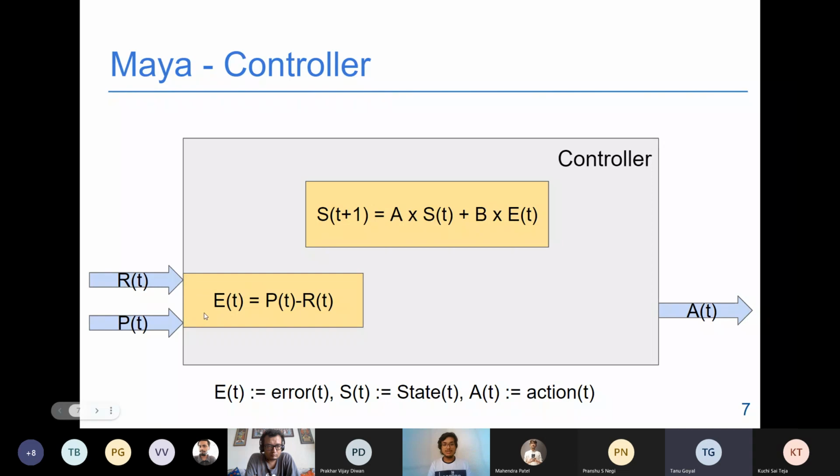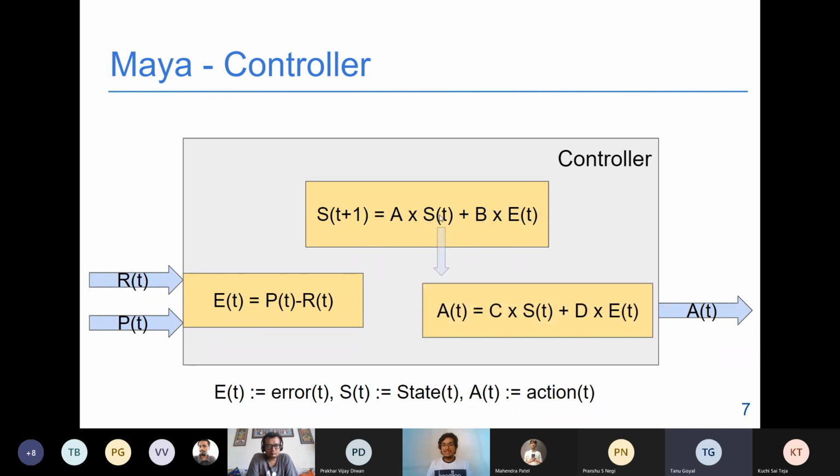Using the two inputs, you compute the error at time step T. Then you update the internal state given by this equation, and using the state at time step T and the error at time step T, you also compute the action that has to be taken on the computer system. This action could be the DVFS level, the idle thread execution, or the execution of the balloon program.